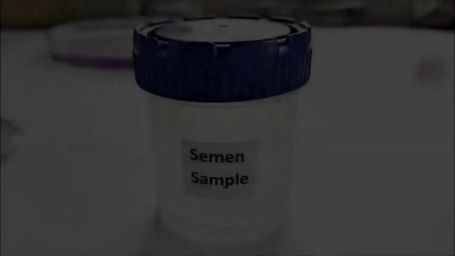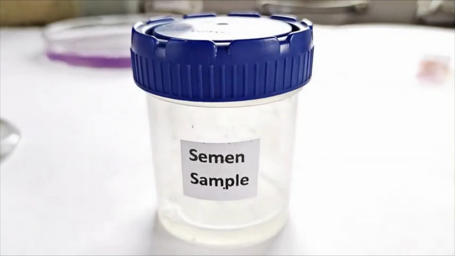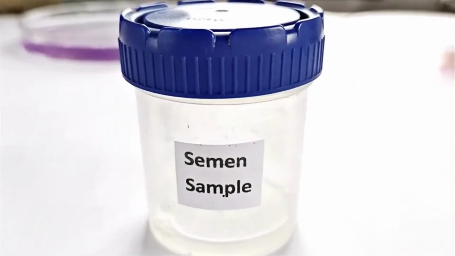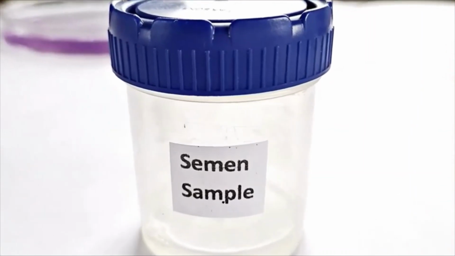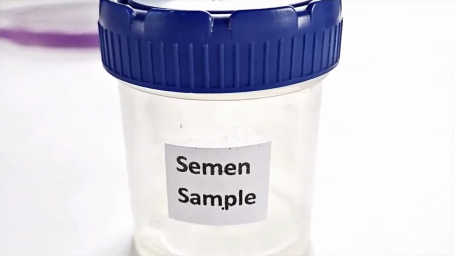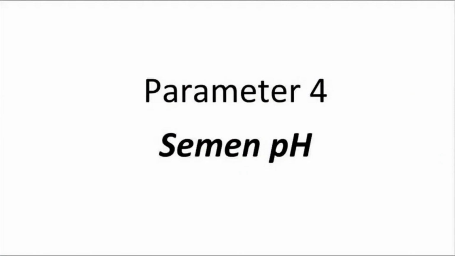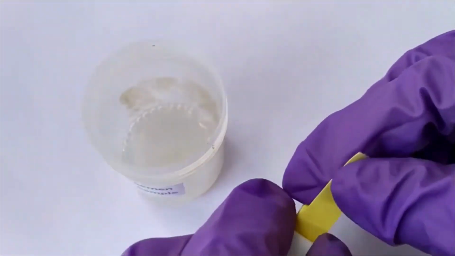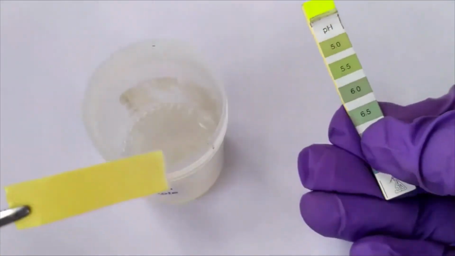In the context of higher organisms such as mammals, semen is defined as the viscous biological fluid produced from the reproductive organ of reproductively mature male members of a species during the act of ejaculation. Take a strip of either broad range or narrow range pH paper and touch one surface onto the semen sample.